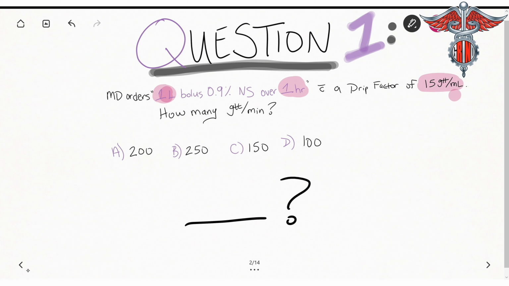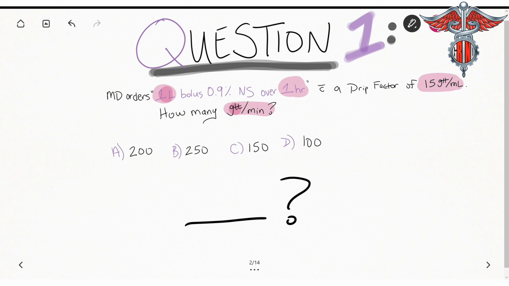Don't forget, 15 drops per mil. Think back to your drop factor tubing. This is 15 individual drops equals 1 mil. That's the kind of tubing we're using. Keep that in the back of your mind. Then, like I said, usually you're asked to solve for drops per minute, and so that is what we're going to be solving for.